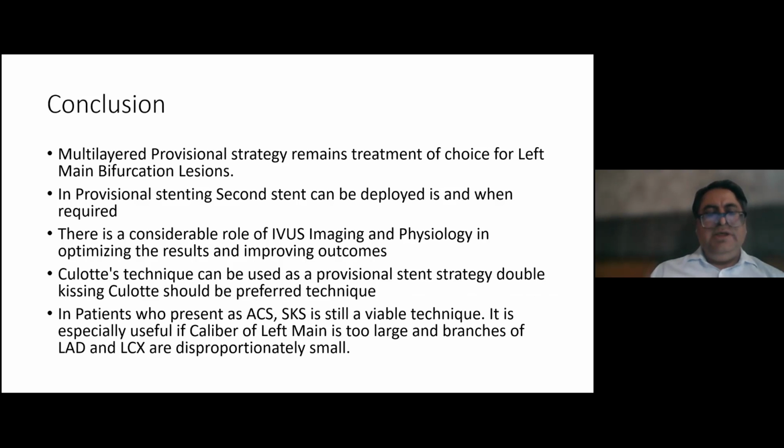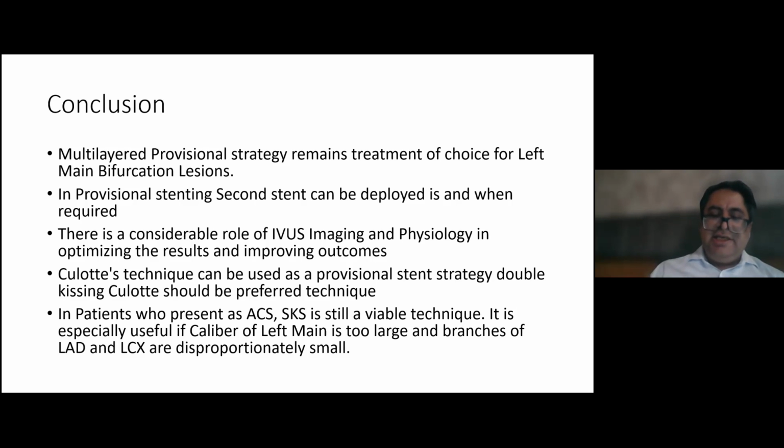So to conclude our cases, the provisional strategy, to my mind, still remains the treatment of choice for left main bifurcation lesions. In provisional stenting, a second stent can be deployed if and when required. There is a considerable role of intravascular imaging and physiology in optimizing the results and improving outcomes.